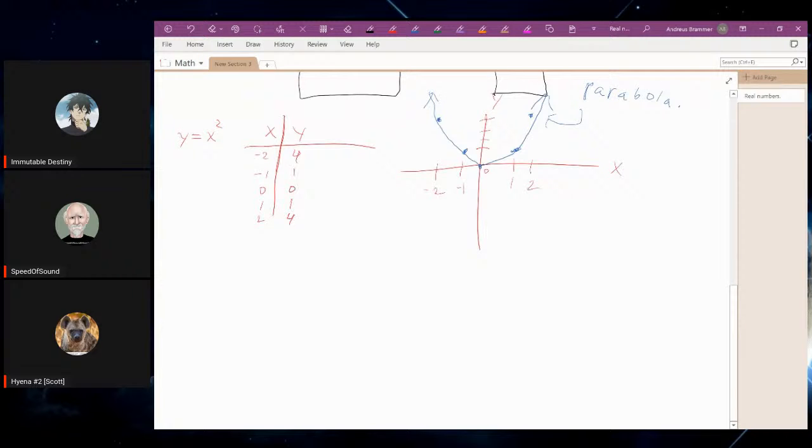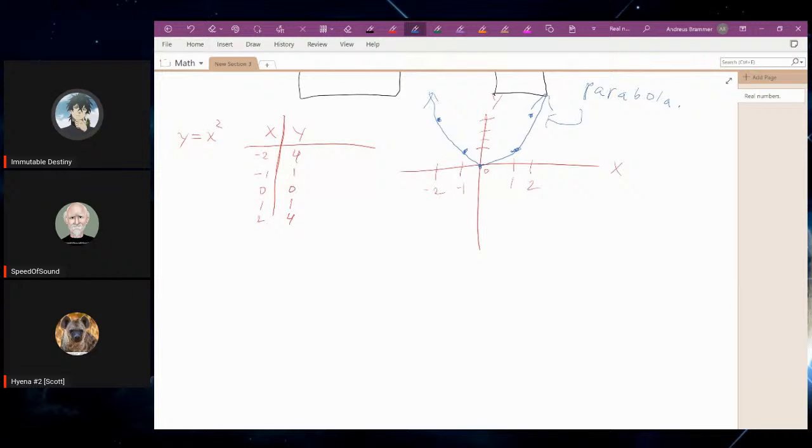Whenever we take a value of x, it doesn't matter what value of x, what are we always getting on the y? The square of it? Yeah, but in particular, do you notice something special about these numbers? The fact that they're non-negative, for instance. Oh, yeah, they're all above the x-axis.